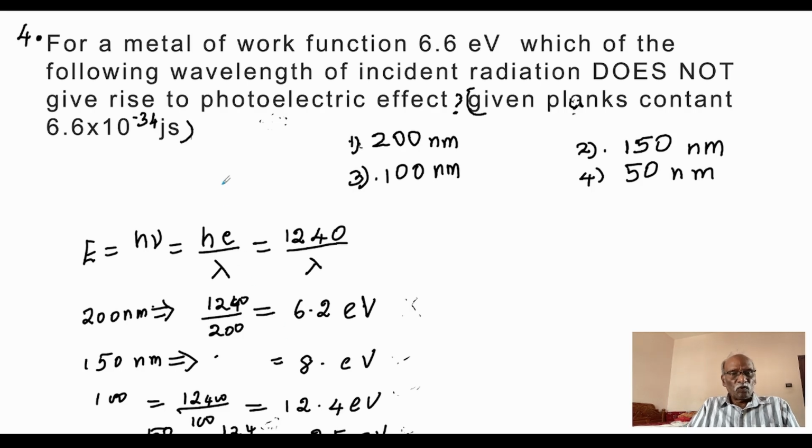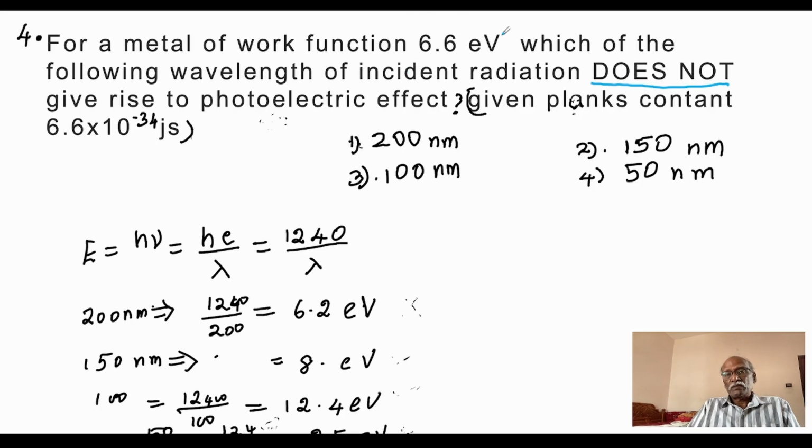Then we have one more problem. For a metal of work function 6.6 electron volt, which of the following wavelengths of the incident radiation does not give rise to photoelectric effect? See what is asked here. Simple question. What is given? The work function is given.